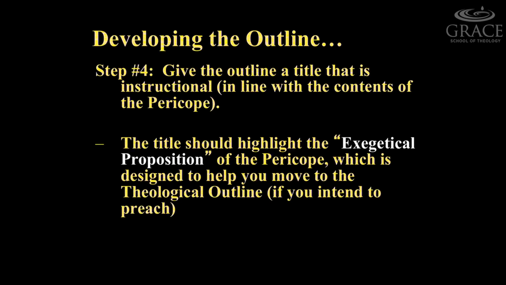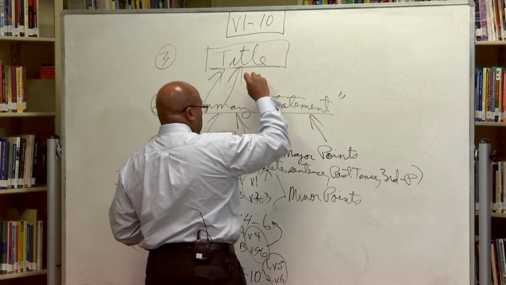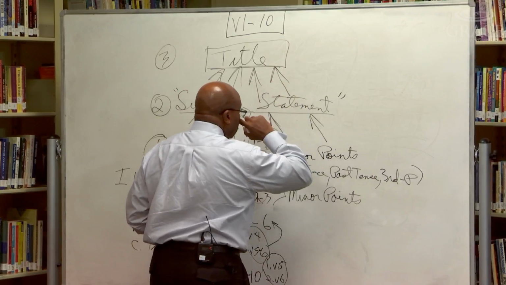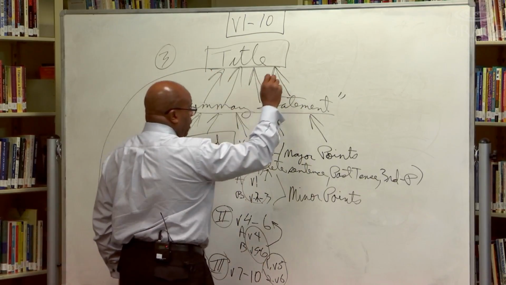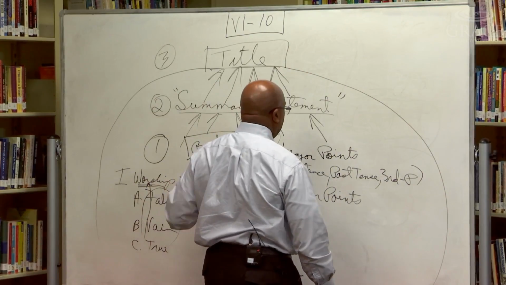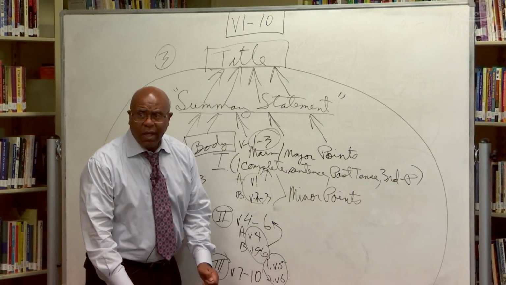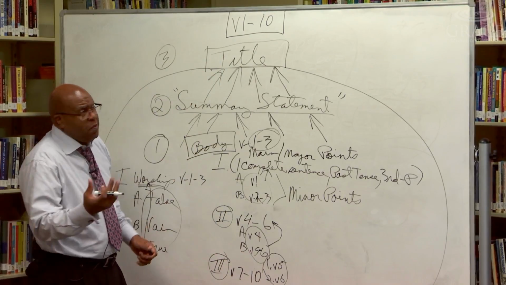But here's the key: the summary statement has to tree up to the title as well. So this title needs to cover everything in this outline. So if we were outlining this passage and it was about worship, what needs to go into the title? Yeah, something about worship.